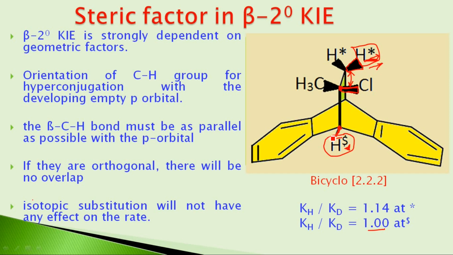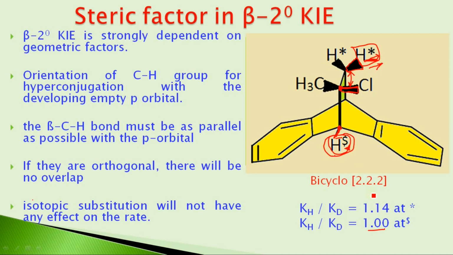So whether it is a lighter isotope or a heavier isotope, it won't affect the stability of this carbocation, because at this position the CH bond cannot participate in hyperconjugation with this empty p orbital.